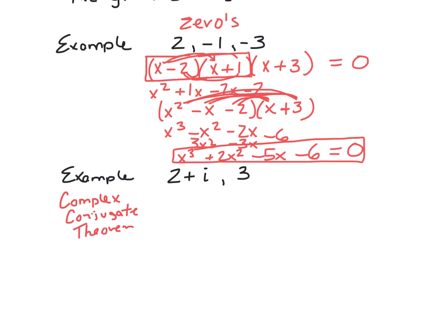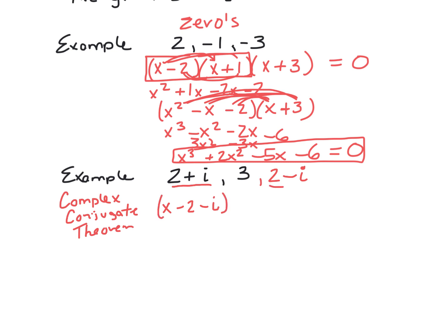So if you have, let's say 2 plus i is a 0, then you must have 2 minus i as another 0. Its conjugate, changing the i part. So now, if 2 plus i is a solution or a root, then x minus 2 minus i would be a factor.